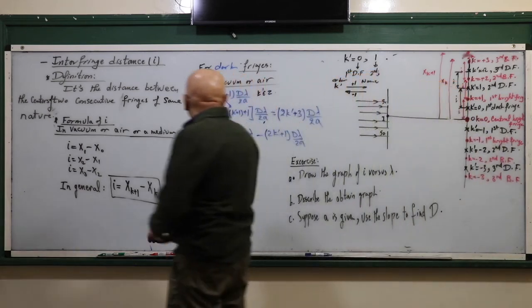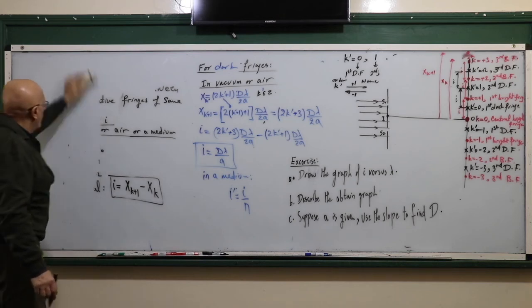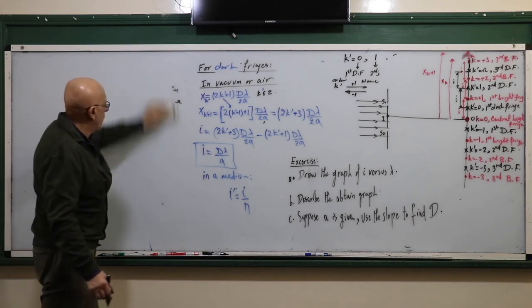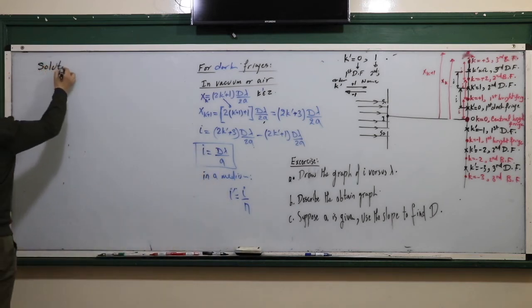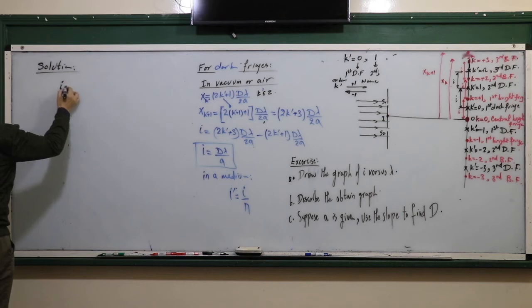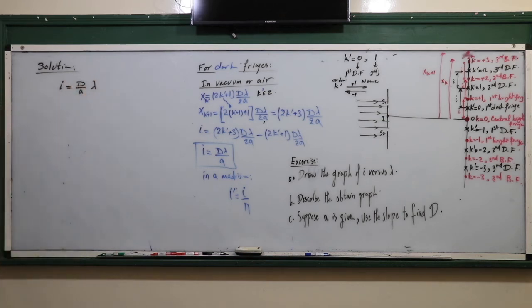Let's look at I. Solution here. As you see, I is equal to D over a lambda. Okay? First of all, in order to draw the graph, you should start with what? As I told you, you should start with the domain of definition. Don't forget.